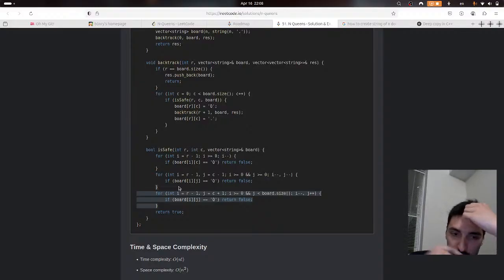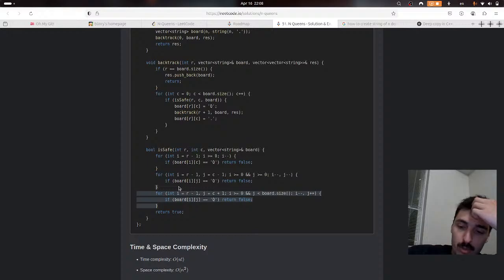So we're given this particular row and column. First, what it is doing is trying different rows. If we're standing on the same column, is this row safe? This is doing that.